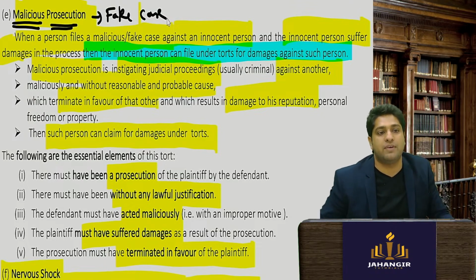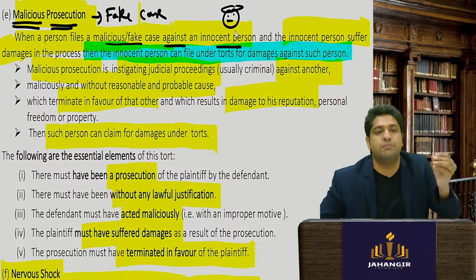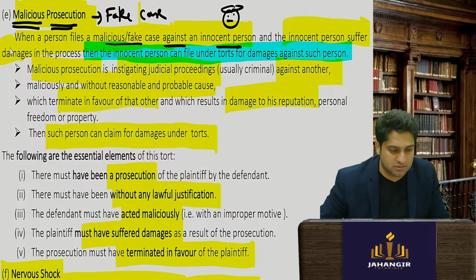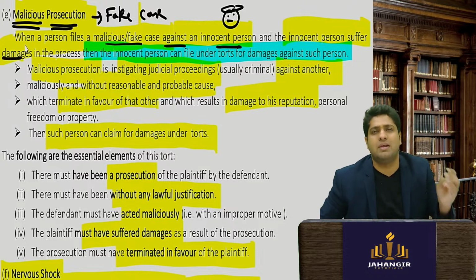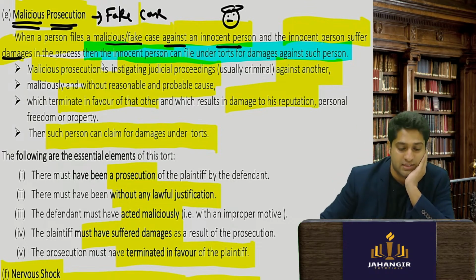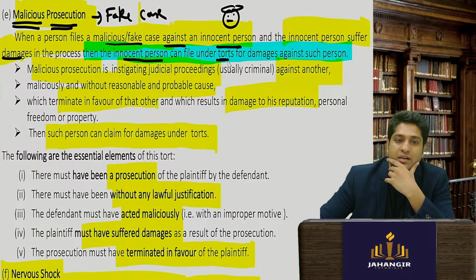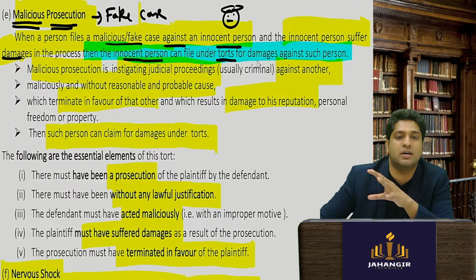So what happens when a person files a fake case against an innocent person? The innocent person suffers damages, maybe loss of reputation, loss of money, etc. After the case is over and he has won, he will file a case of tort against the person who filed the case on him.